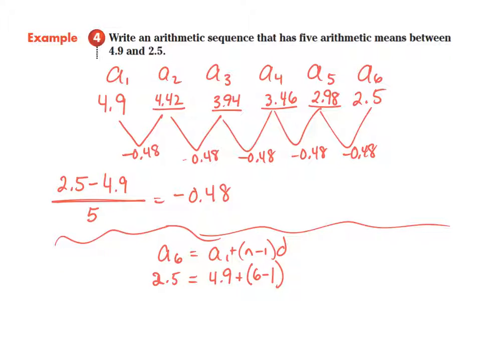And I could figure out what my d is dependent on that. It's another way of finding the d instead of having to write out the way we did it the first time. So if I have the 47th term, it's a lot faster to do this bottom method, right? So 2.5 is equal to 4.9 plus 5d. And if I solve for d, I'm going to have 2.5 minus 4.9, and then I divide by 5, and I should get negative 0.48.